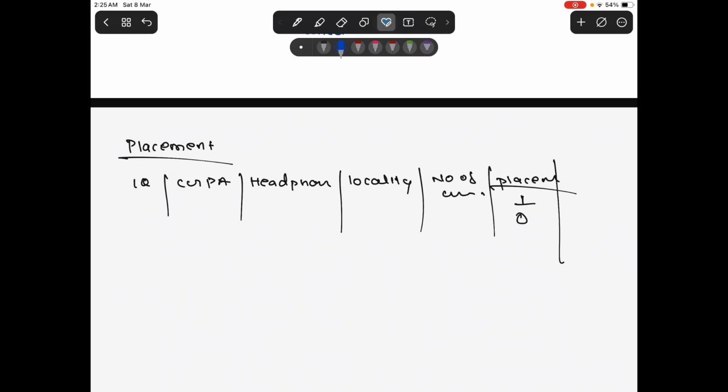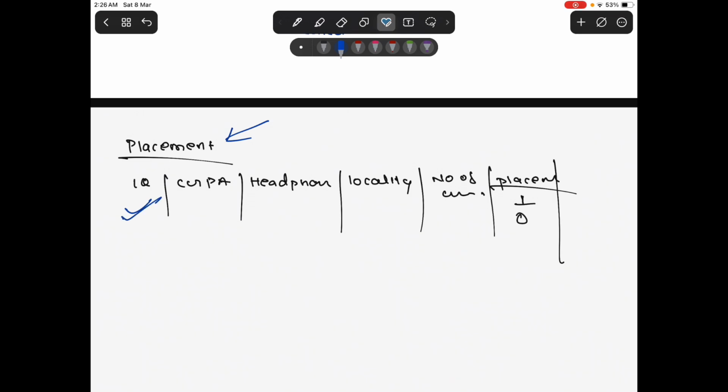If you carefully think, IQ is an important column. Let's consider a company came to some college for selecting some of the students. IQ is an important attribute that the company will consider for selecting a student.